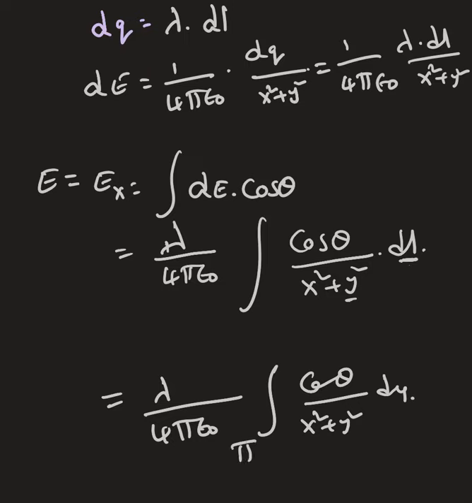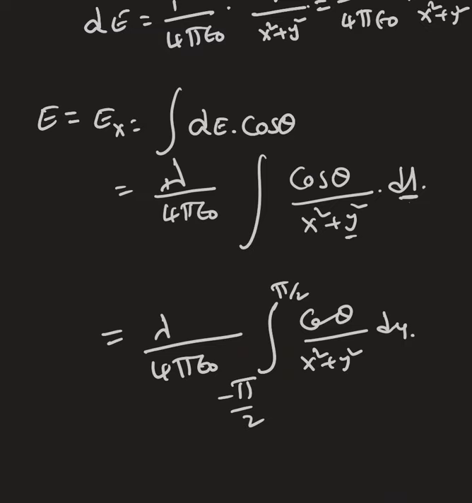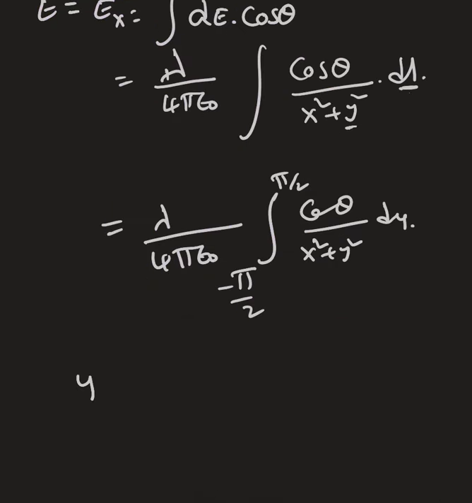Here we are integrating from minus pi by 2 to pi by 2 because the theta value will not go beyond 90 degrees. From here I can write tan theta equal to y over x, so y equal to x tan theta. If I differentiate this, dy equal to x times d theta over cos square theta.